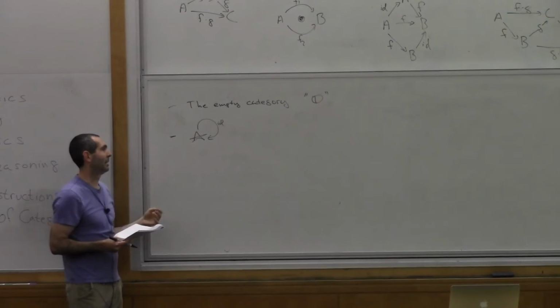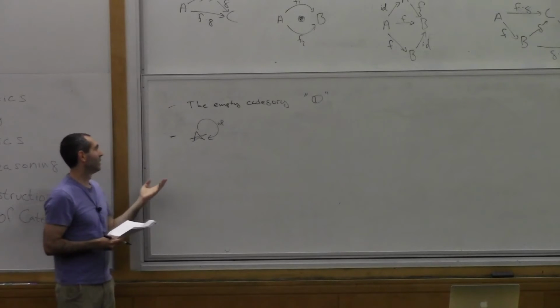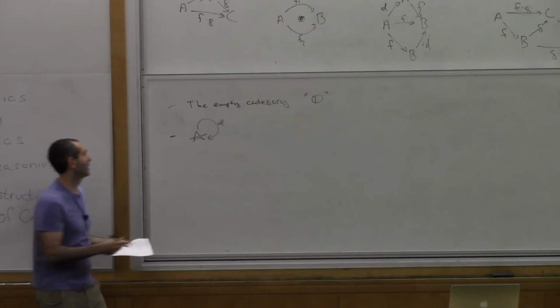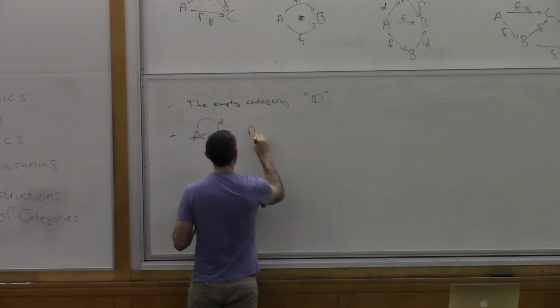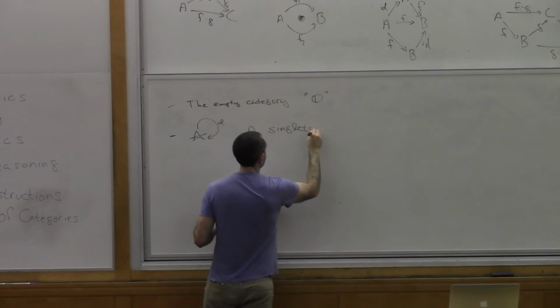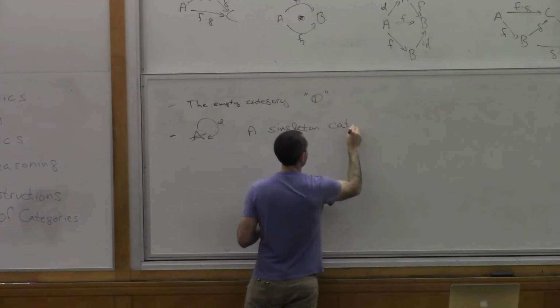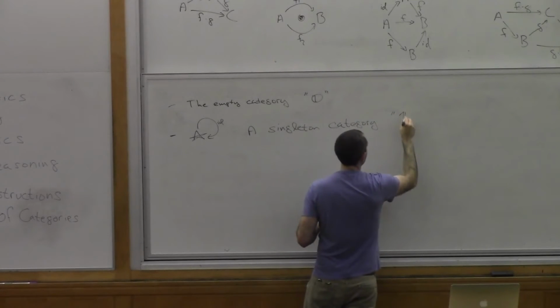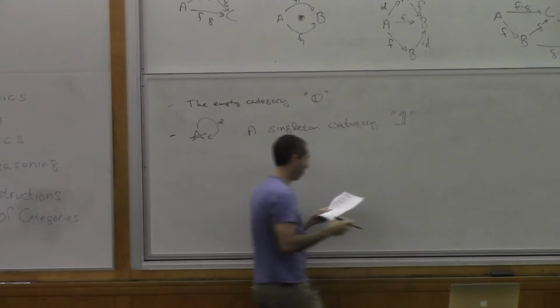So we're good with that. The associativity is okay. So this is a complete characterization of a particular category, a single-object category, which I'll call blackboard 1.